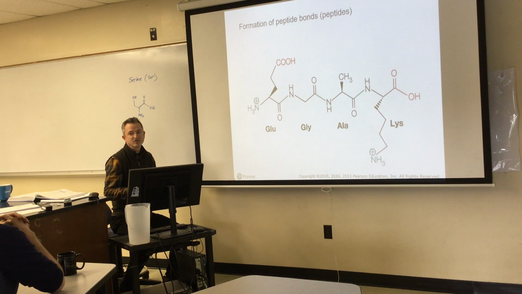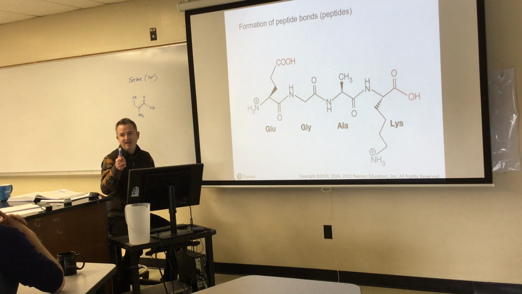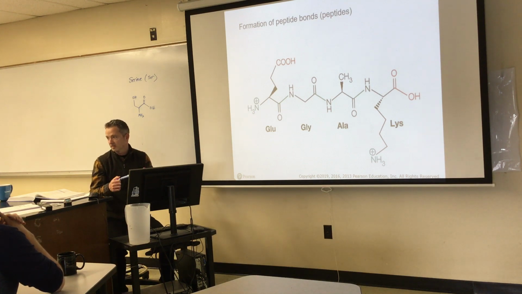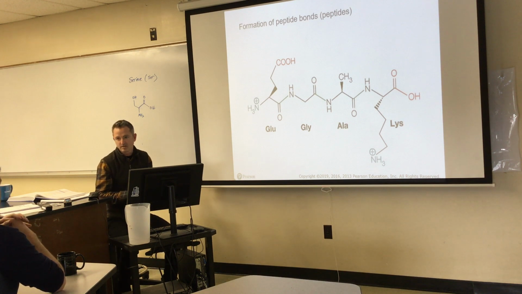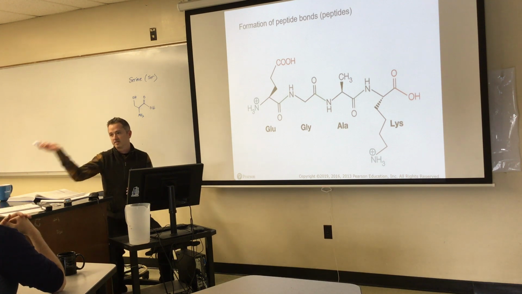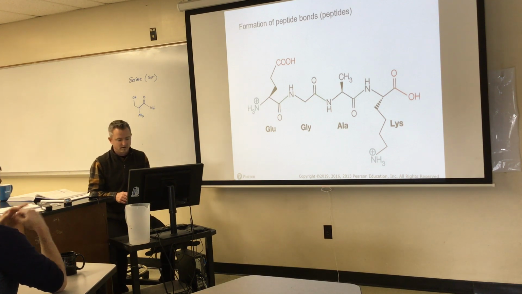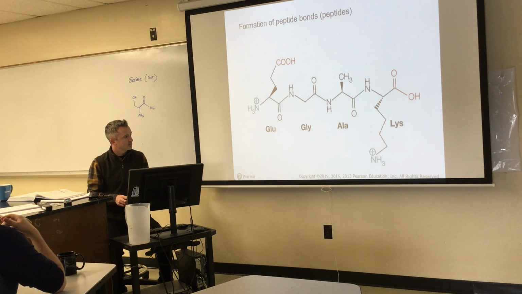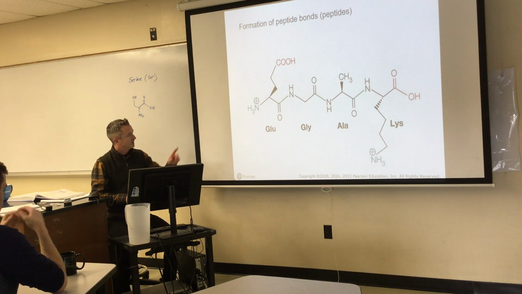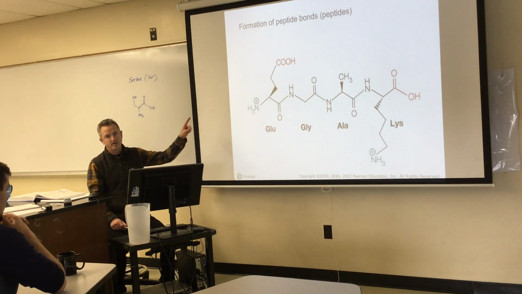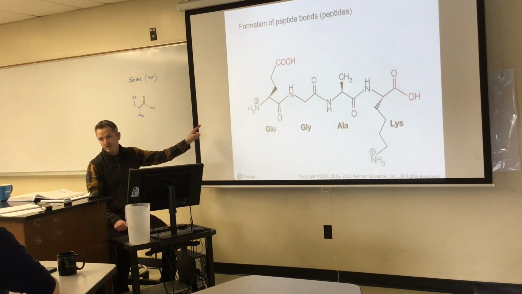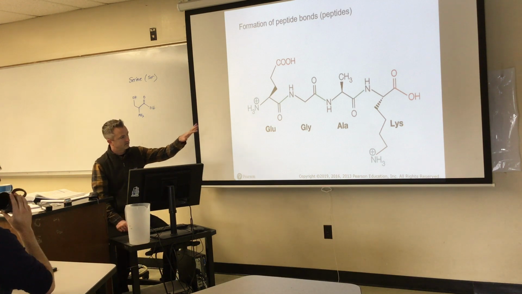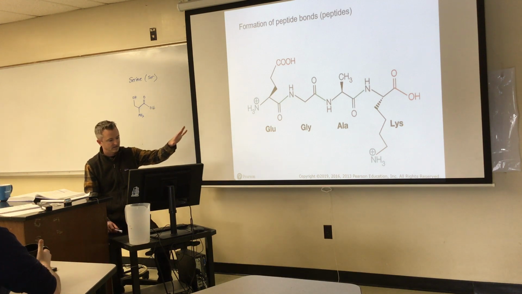Between the nitrogen and the carboxylic acid group. A condensation reaction that liberates water. So here's an example of a peptide. Let's put together the N-terminus and the C-terminus. The N-terminus is the amine end, the C-terminus is over on the carboxylate end.